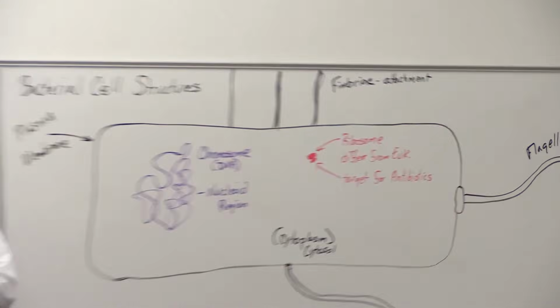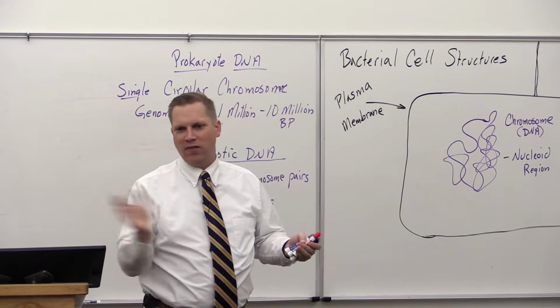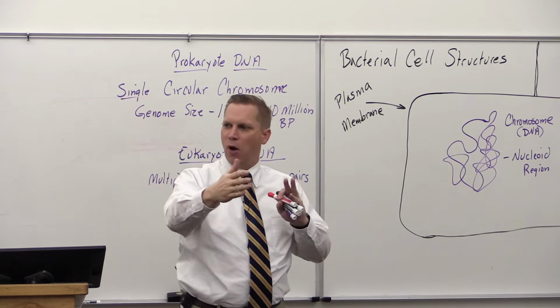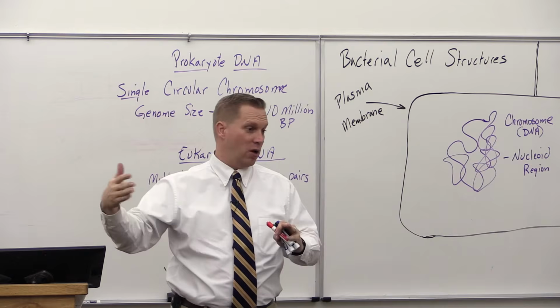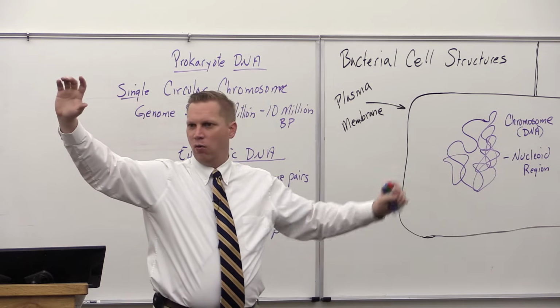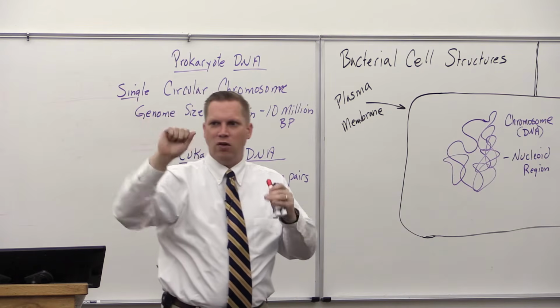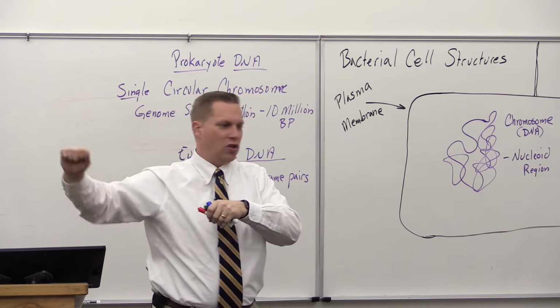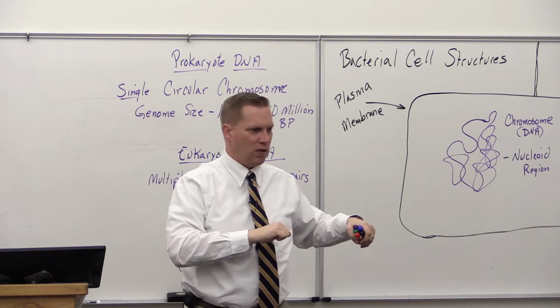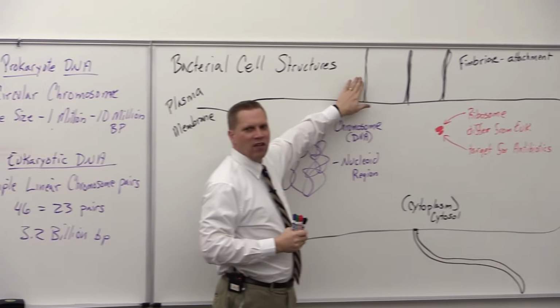If you've ever watched Pirates of the Caribbean, when one boat would come up to another boat or come alongside a dock, the boat would have long poles with a metal hook at the end, and you use that to hook the dock or the other ship and pull it into you. And that's very similar to the function of these fimbriae.